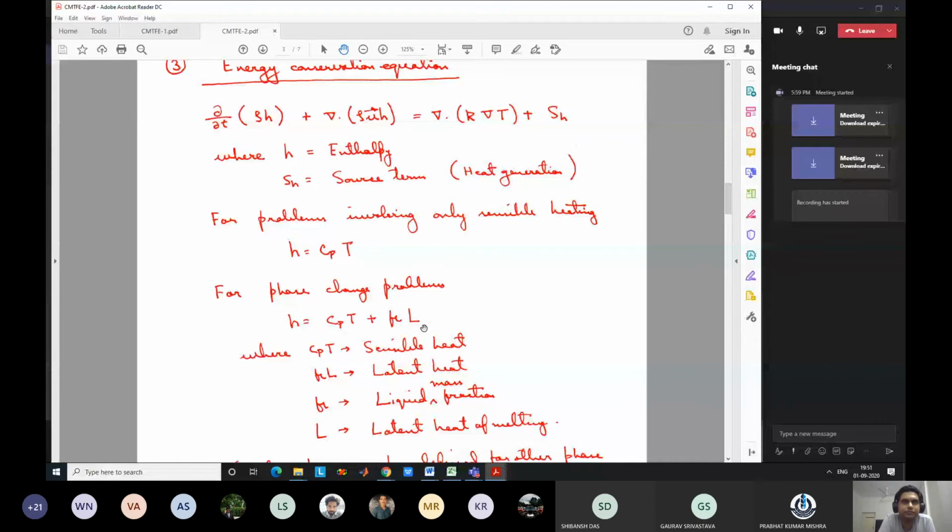And if initially we have, let's say, half vapor and half liquid, and we take H equal to CpT plus mass fraction of vapor into latent heat of vaporization, does CpT include both initial phases? Is the fraction into latent heat of vaporization considered as the amount of energy involved in the transformation, or is it with the vapor?